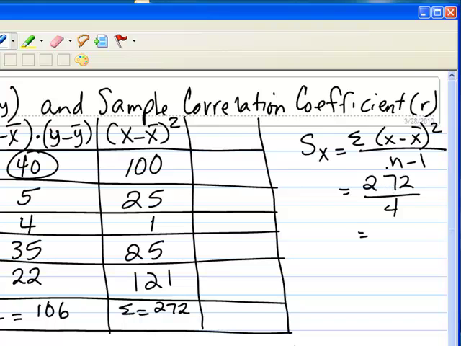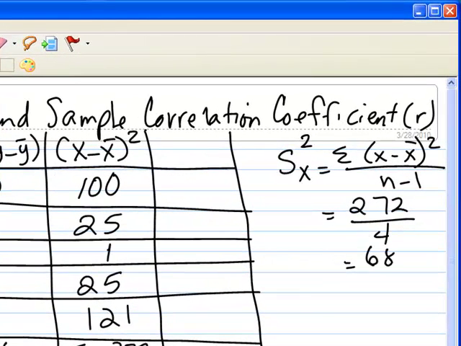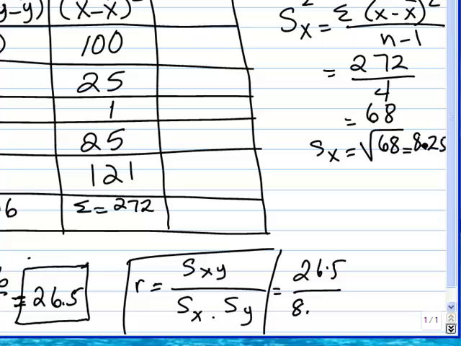I'm sorry, that's the variance for x, which happens to be 68. Then if we take the square root of it, the standard deviation of x would be the square root of 68, which is 8.25. So 8.25 goes in the denominator.